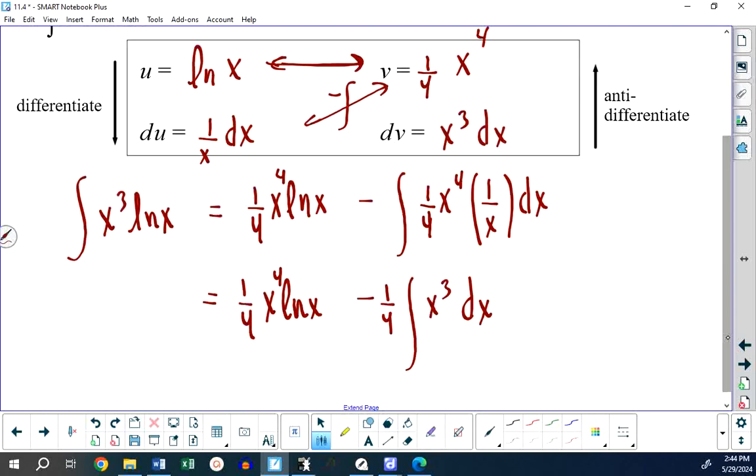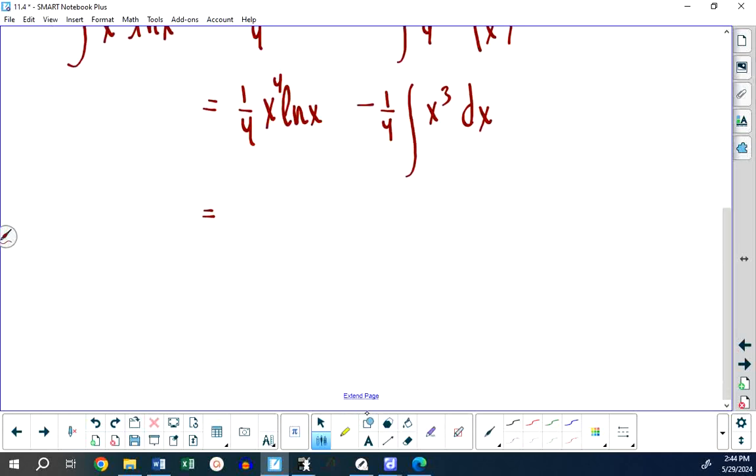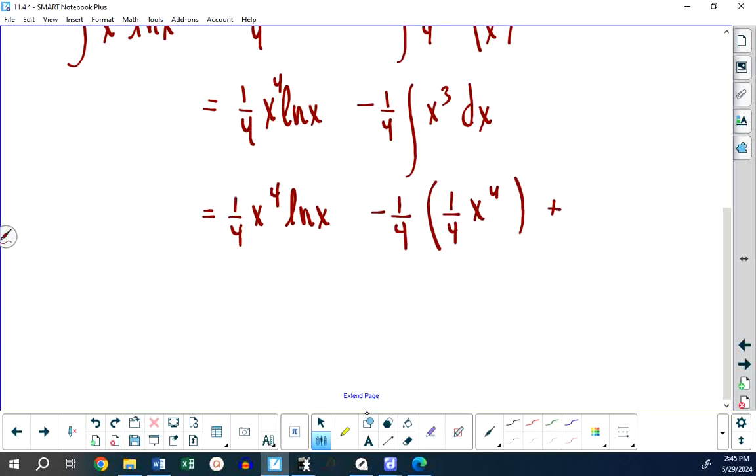So the integral becomes minus 1/4 the integral of x cubed dx, which we can do. So we're going to get 1/4 x to the 4 ln x minus 1/4 times 1/4 x to the 4, which gives us 1/4 x to the 4 ln x minus 1/16 x to the 4.